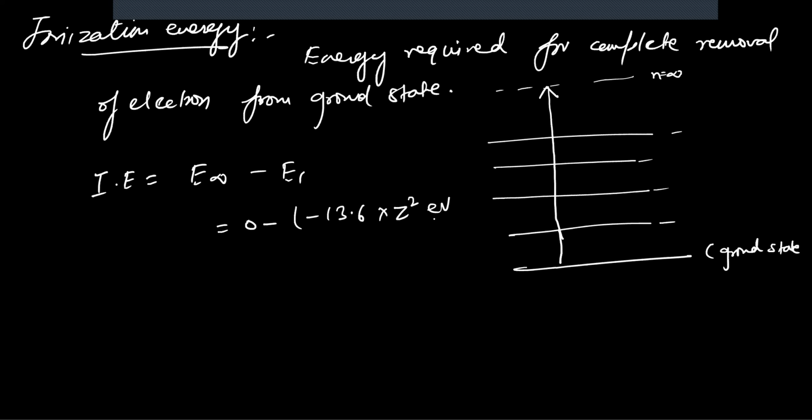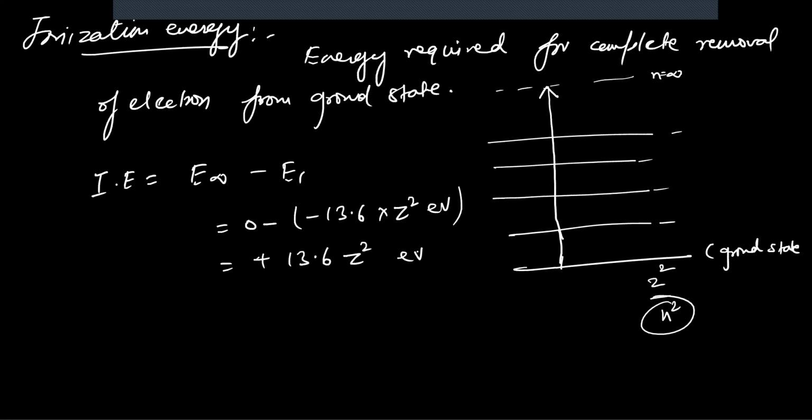And if we are considering n, because we are writing n square upon Z square, so we are considering here that n is 1 because it is at the ground state first. Okay. Got it? So that will be positive 13.6 Z square electron volt. Got it? Z is the atomic number of the element.